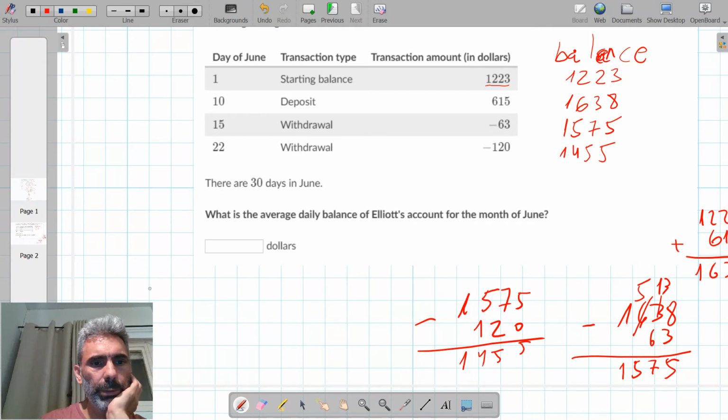Okay. So for a period of 10 days, the balance was $1,223. This was from June 1 to June 10. From June 10th to June 15, 5 days, the balance was 1,638.